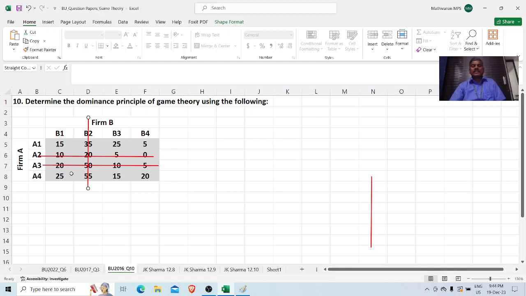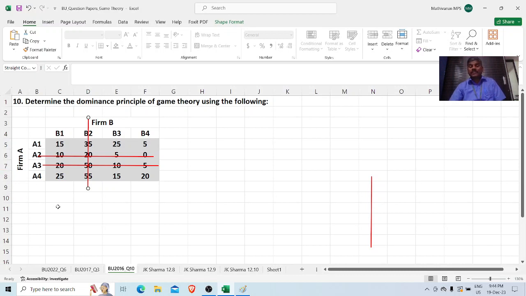We'll come here. B1 results in the loss of 25 points when firm A uses the fourth strategy. B4 will result in a loss of 20 points when firm A uses the fourth strategy.